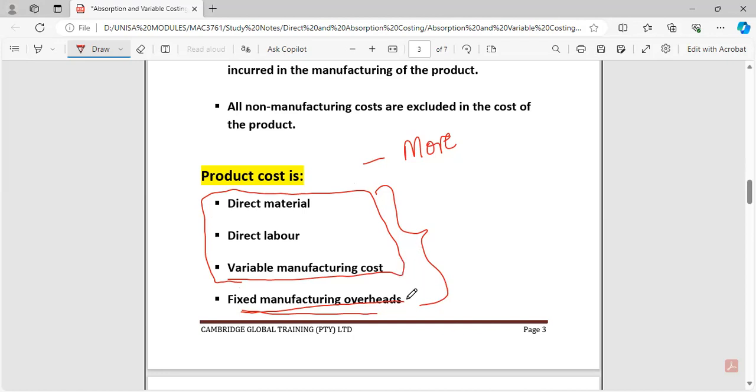So it's very important to understand what constitutes a manufacturing cost in a question, so that if the question requires you to calculate the manufacturing cost of the product, then you know what goes into it. So the only difference that I mentioned here is this line, the fixed manufacturing overhead.